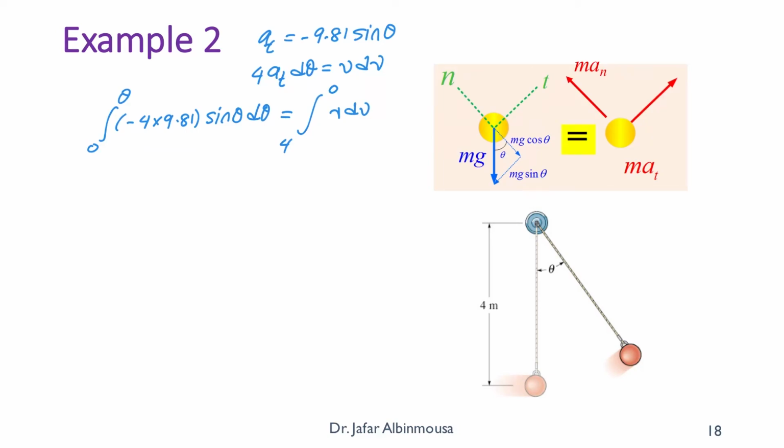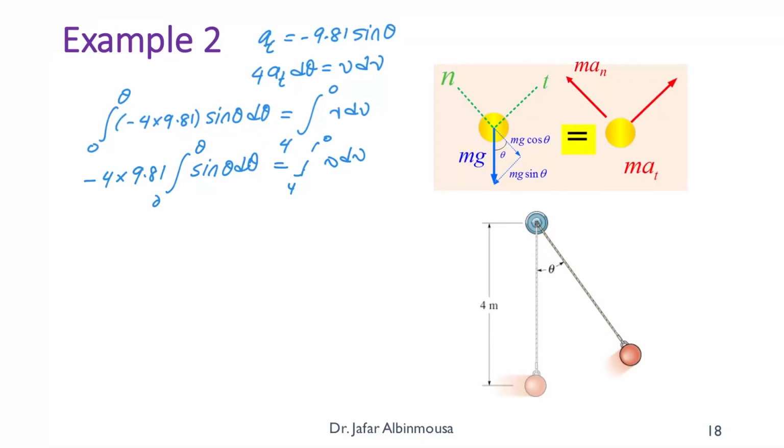Now I can see that this part is constant, so if I rewrite the integral, I get minus 4 multiplied by 9.81 times the integral from 0 to theta of sine theta d theta, which is equal to the integral from 4 to 0 of v dv.